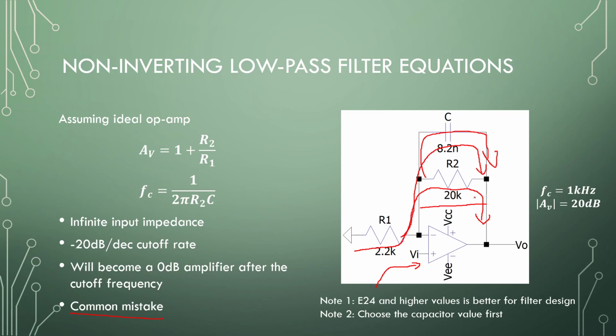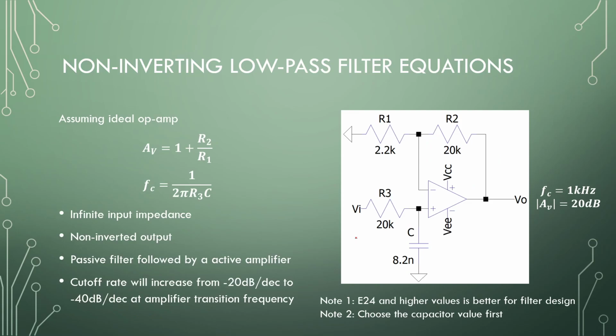So if you need to boost a certain section of a signal or a certain range of frequencies, but the rest you only want to pass through your filter without affecting them, then you can use this configuration. But yeah, so this is a bit of a common mistake for building a non-inverting low pass filter.